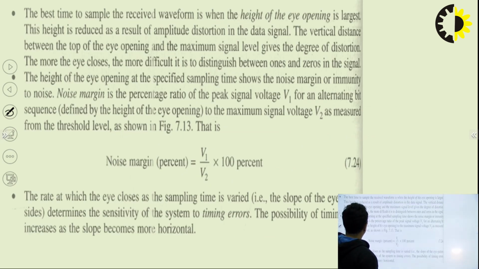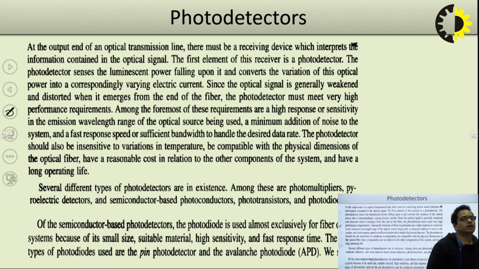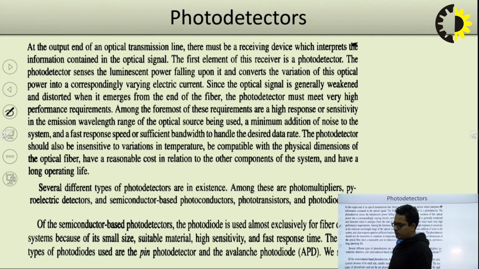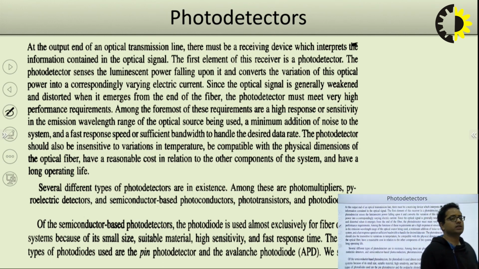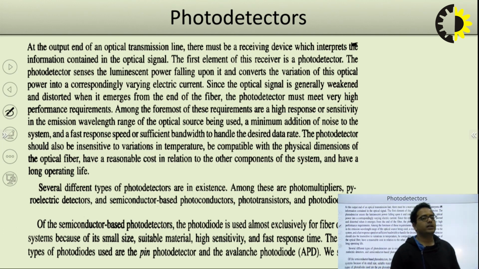So now, once we have gone through the basic overview of the eye diagram, the next important point is what are the various kinds of detectors that can be used in optical communications. We have discussed the sources that can be used for generating the optical signals, that is LED and laser.